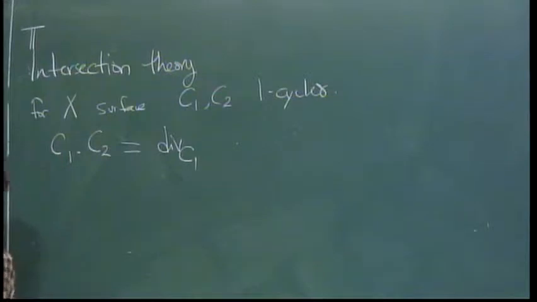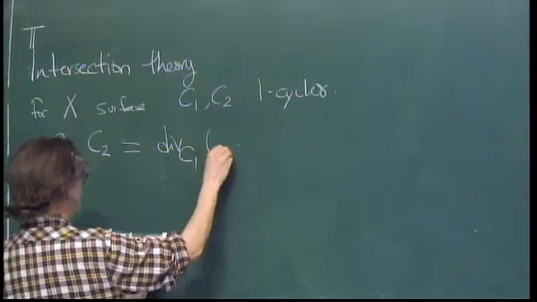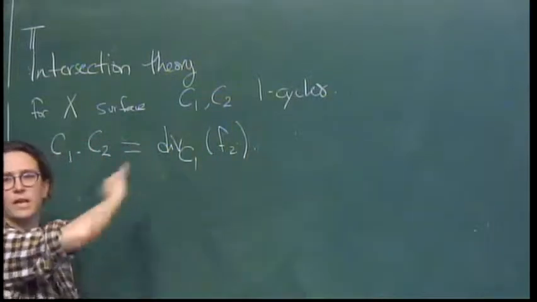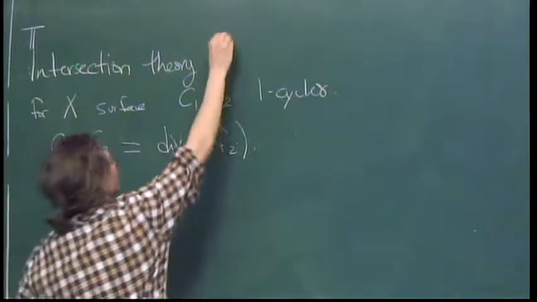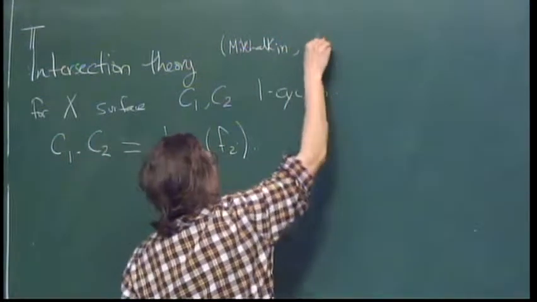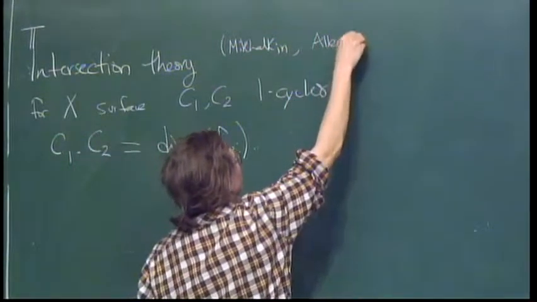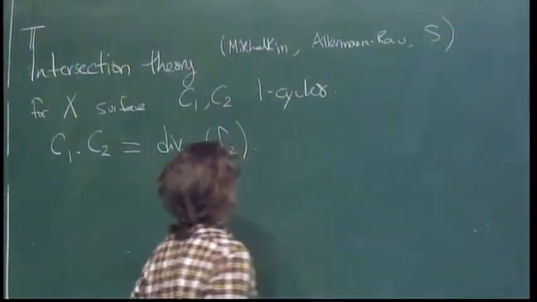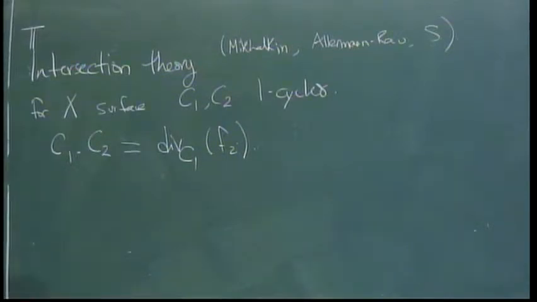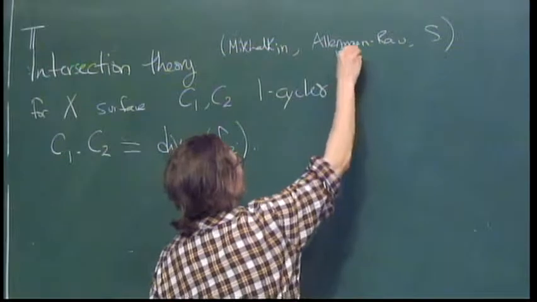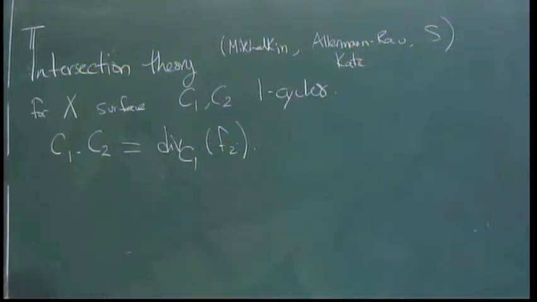Well, this intersection approach was first introduced by, so there are maybe so many names to attribute here: Mikhalkin, Allermann and Rao, myself, and I think probably also Katz, yes, at least in the relationships between different definitions.